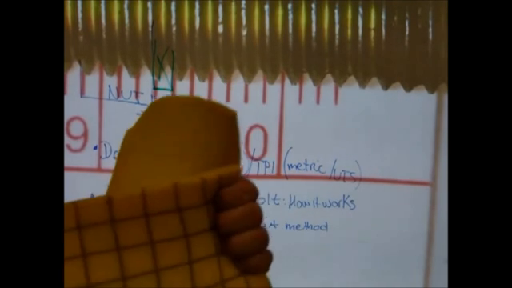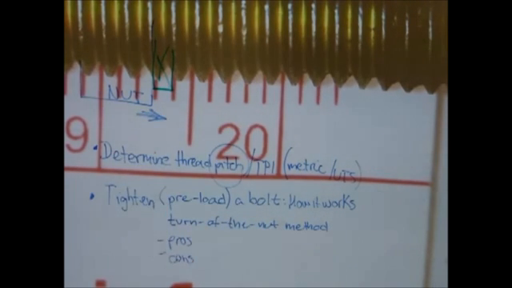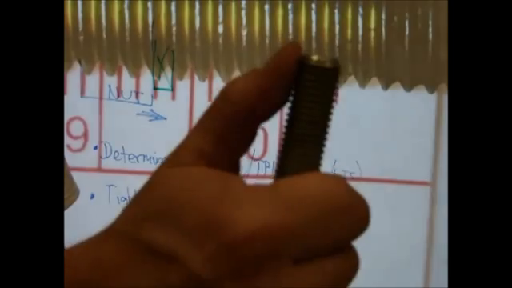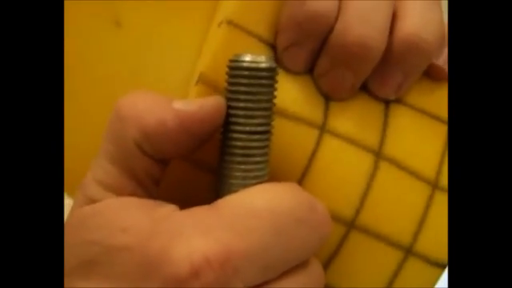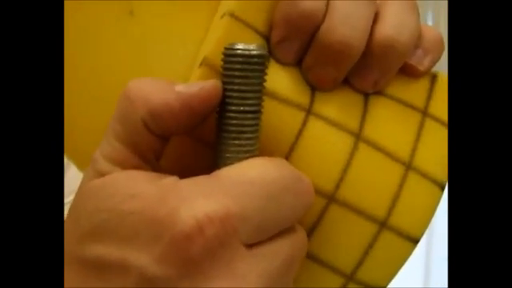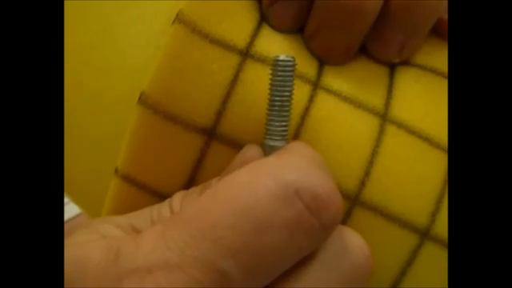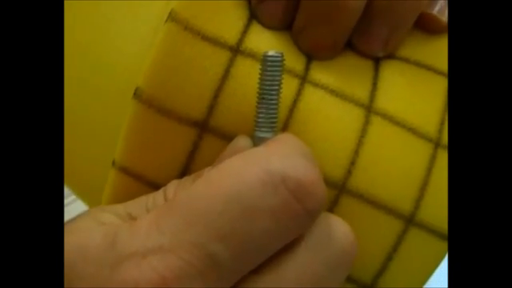So if a nut is forced to travel along a coarser thread, a half a turn, it will tighten or preload it more than if it's forced to travel along a thread with a smaller pitch.